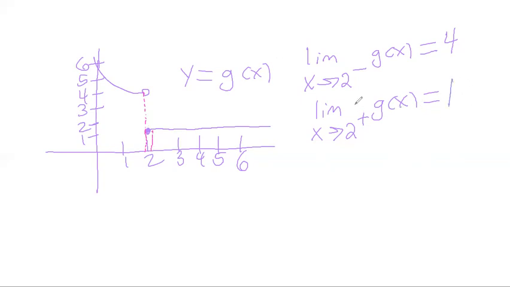Now, the limit as x approaches 2 from the left of g of x is 4, and from the right of g of x is 1. These are not equal. So the limit as x approaches 2 of g of x does not exist.